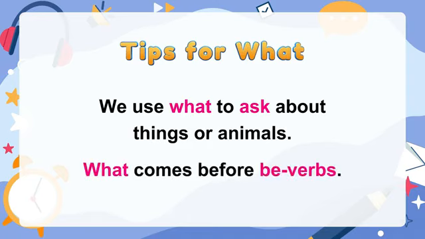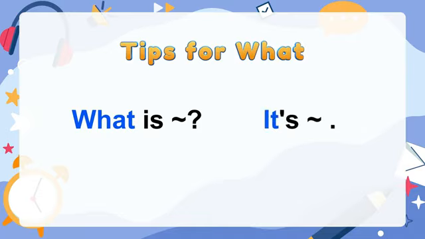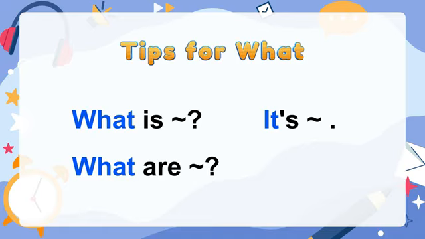What comes before be verbs. When someone asks the question, what is, we start the answer by using it's. When someone asks a question using what are, we start the answer using they're.